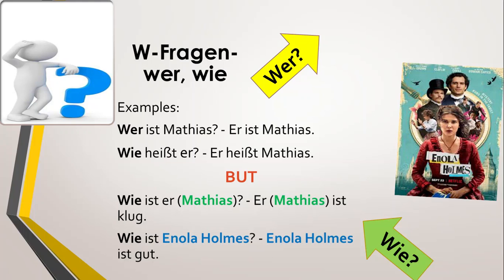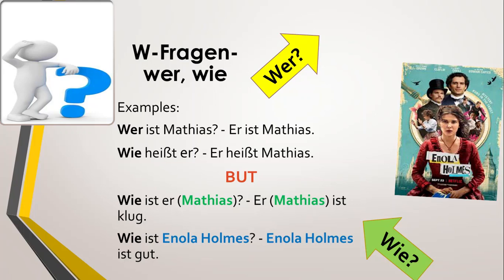I could repeat the question and ask, wie heißt er? To which the person who told me before about Matthias could then repeat his answer and say again, er heißt Matthias. So this is how we can use wer with sein as the verb and wie with heißen as the verb.